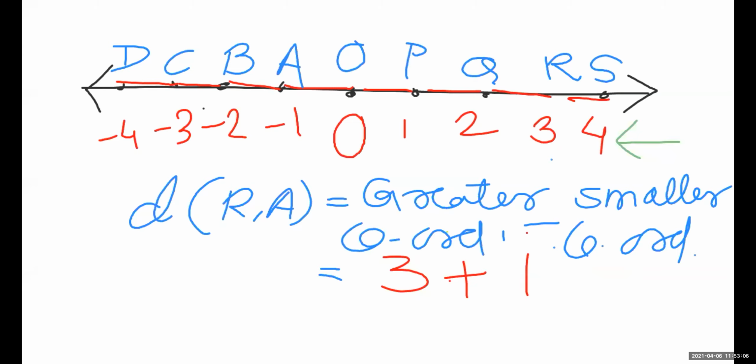So 3 plus 1, it is 4 units. As we don't know if it is in centimeters or meters, you must put units there. Likewise, you have to find the distance between 2 points: greater coordinate minus the smaller coordinate.